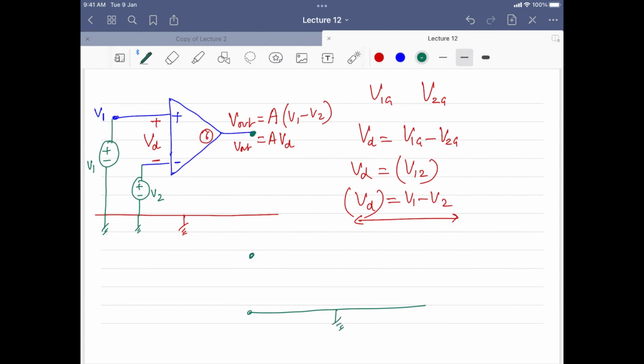These are the 2 terminals that you have, which is the plus terminal and the minus terminal. Then you can replace the operational amplifier like this, with A times VD, and then this is your 6th port of this chip, this is your 3rd port, this is your 2nd port, and VD is the potential difference across this.